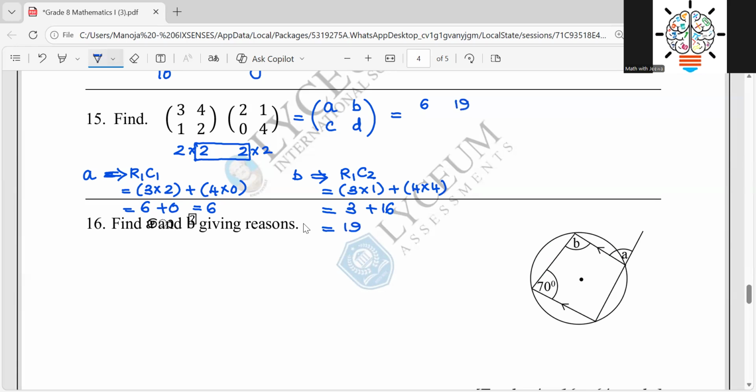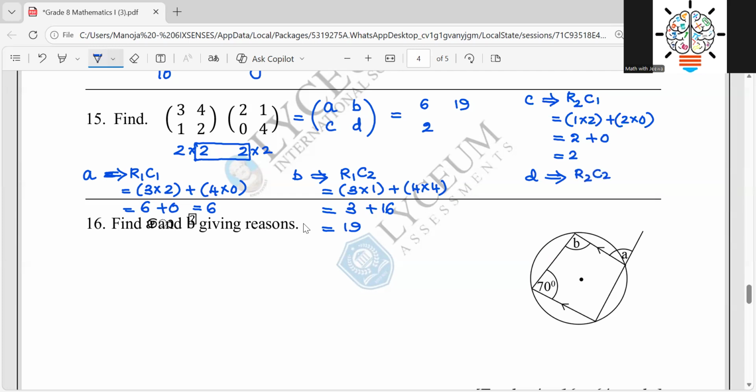Then I want to get the C value. What is the C value, children? R2, C1. How am I going to get that? So 1 times 2 plus 2 times 0. 1 times 2, 2. 2 times 0, 0. So then the answer is 2. Then I write here. Then I want to get the D value. D, how do I get it?